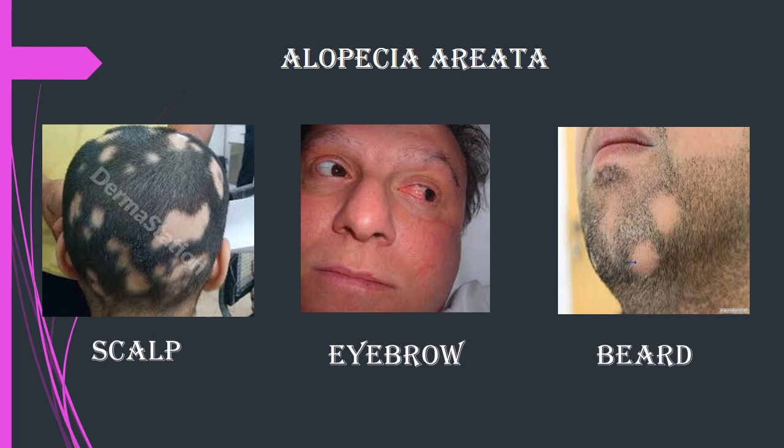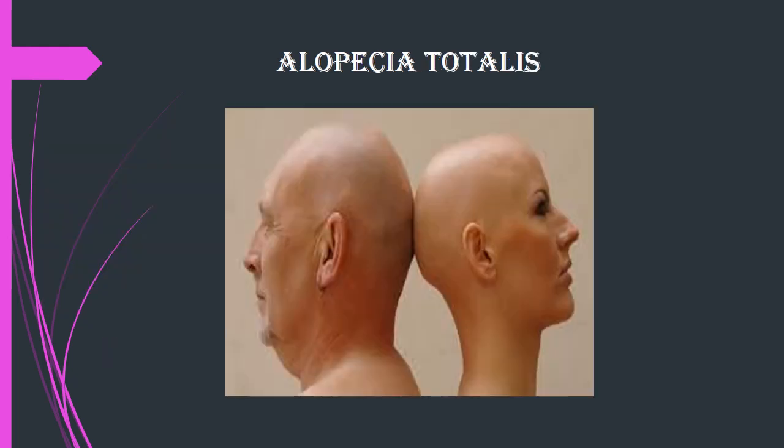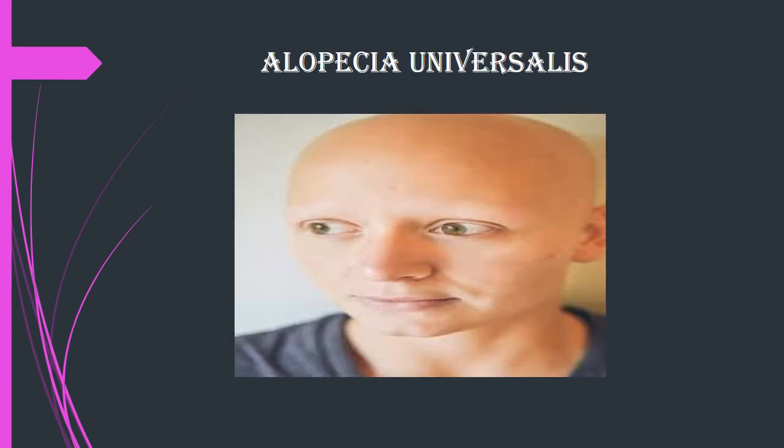There are sharply defined non-inflamed patches of baldness seen usually on the scalp, but may also be in the eyebrow and beard. When there is a complete loss of hair on the scalp, it is called alopecia totalis. Alopecia universalis means there is a complete loss of hair from all sides of the body.